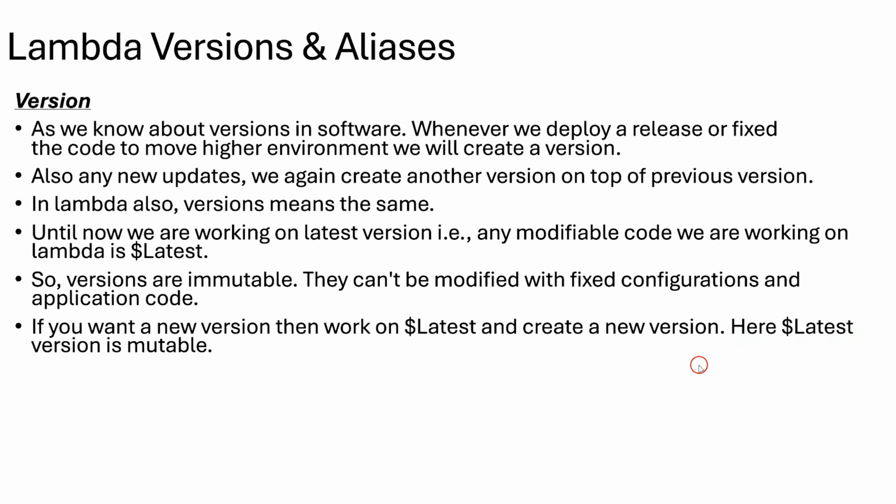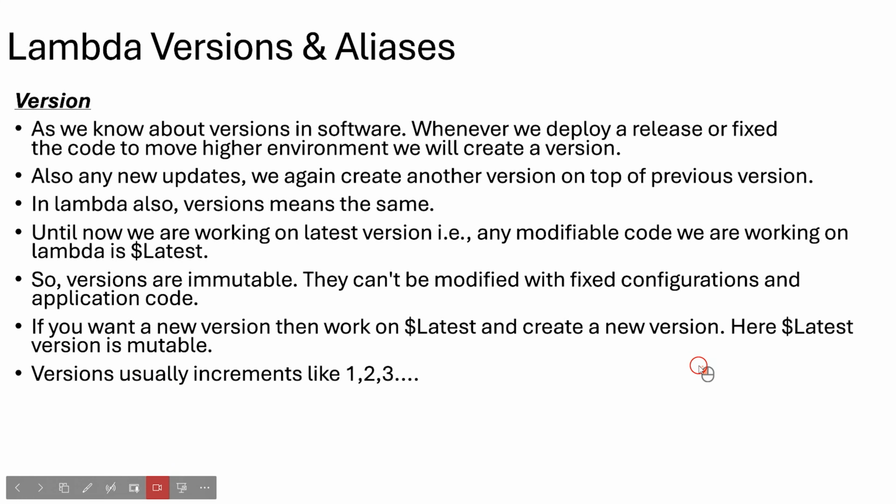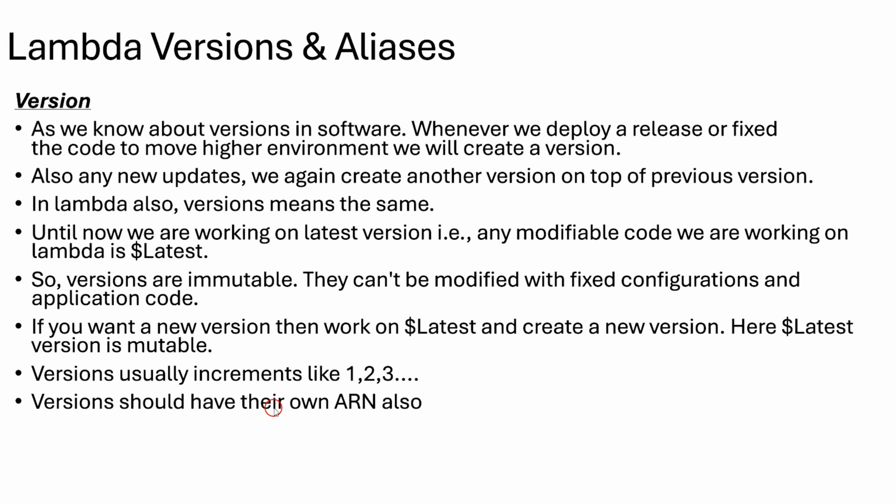Okay. Now with respect to versions, usually they increment like 1, 2, 3. So in Lambda, if you create the first version from $LATEST, it will be assigned a numerical value 1, and the second one will be 2, then 3, like it will increment. And each version has its own ARN also. Just like Lambda has its own ARN and EC2 has its own ARN.